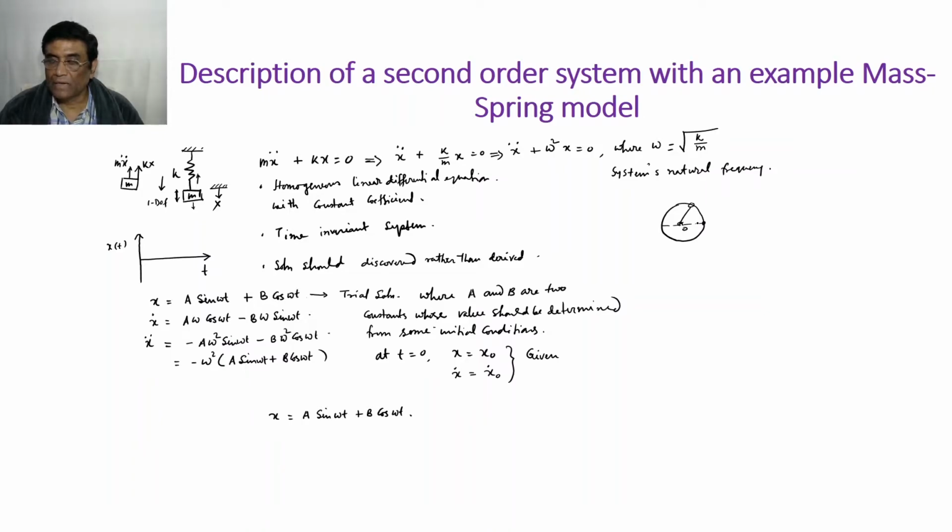Now, the particle at the initial stage, say it was here, then here, then here, as the rotation takes place in this direction. Is it clear? Now, what is the motion of the foot of the perpendicular drawn on a diameter from this particle? Actually, that motion is this motion which you are observing here.